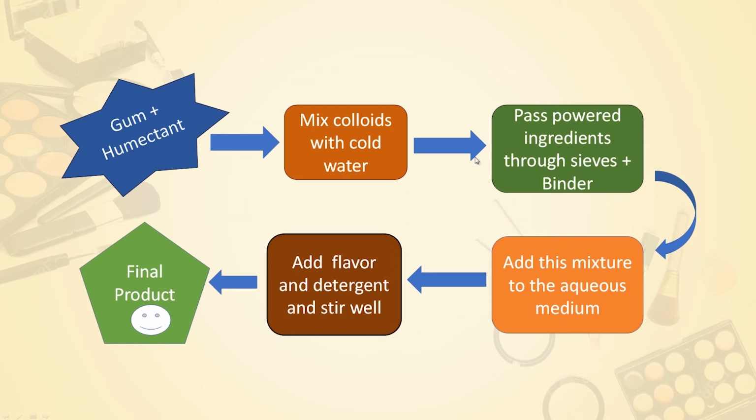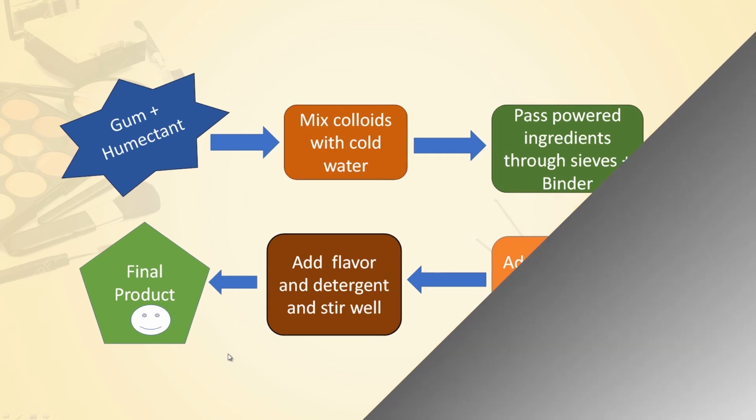Pass the other powdered ingredients through a suitable sieve and add them gradually to the above binder mixture with continuous stirring. Then add the mixture to the aqueous media and finally add flavor and detergent and stir further to obtain the final product. So, it was about the formulation of toothpaste.